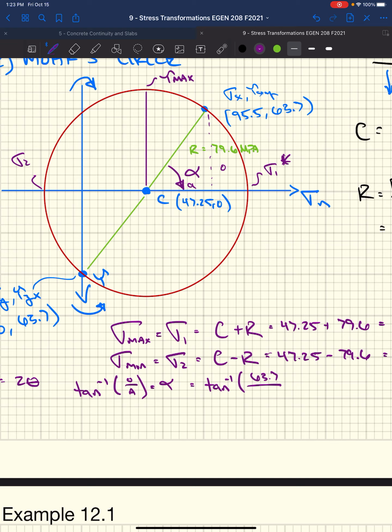Well, that's going to be this x value, which is going to be the sigma x, our initial stress state minus center. So 95.5 minus our center, which is 79.6.